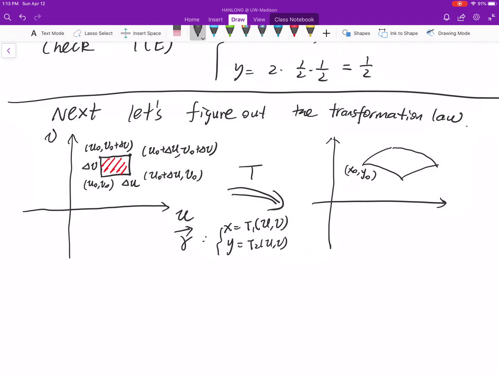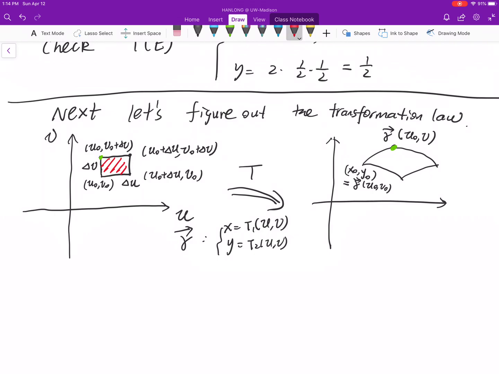Okay, and then here, so this point, x0, y0, what is x0, y0? This is just gamma(u0, v0). And this point corresponding to this point, therefore, we can write down the coordinates like gamma(u0, v), v is v0 plus dv.